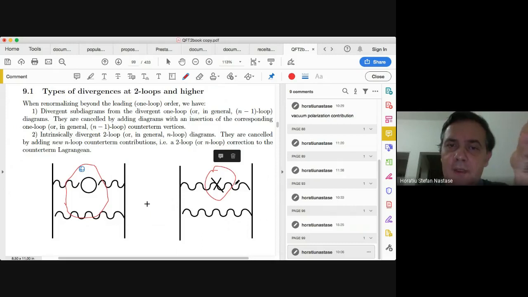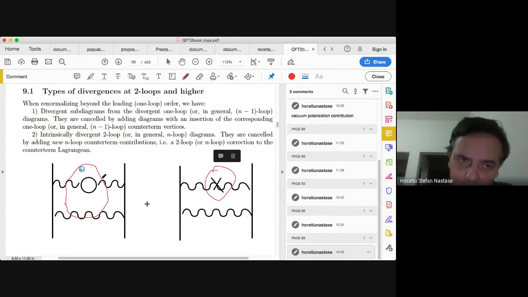So we can also insert this into a, quote-unquote, two loop diagram. Remember, I also said that what we're really counting when we say loop order is the powers of the coupling constant, right? So this might look like a one loop diagram, but since it has the counter term inside it, and the counter term has an extra two powers of the coupling constant, it's appropriate for a two loop diagram.